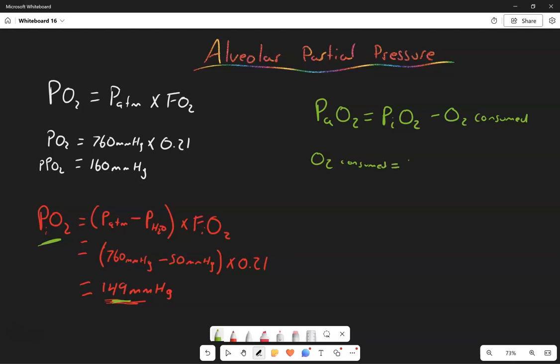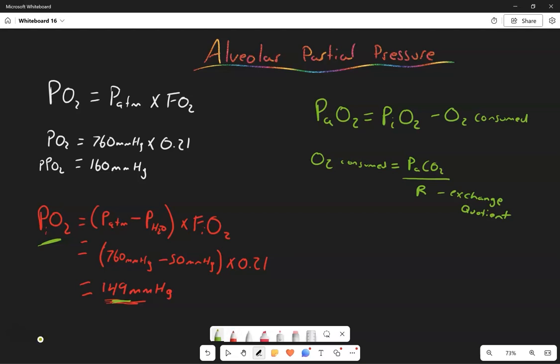And we can say that the O2 consumed is equal to the partial pressure of carbon dioxide in the arterioles divided by R, where R is the respiratory exchange ratio. This is the exchange ratio, also known as the respiratory quotient and abbreviated RQ. So basically what this is telling us is how much CO2 is being added into that alveolus and how much oxygen is being taken out.